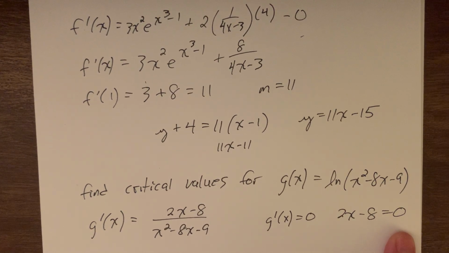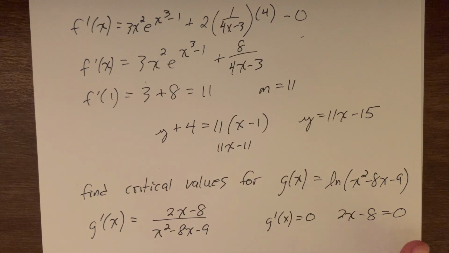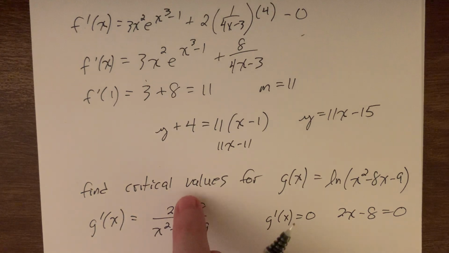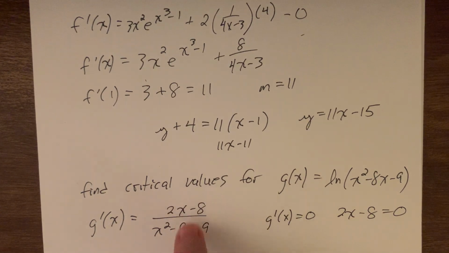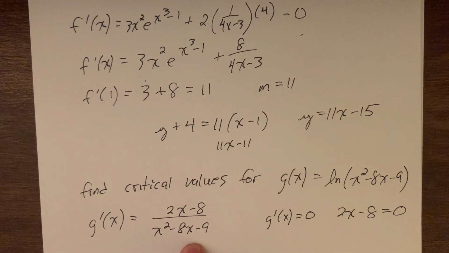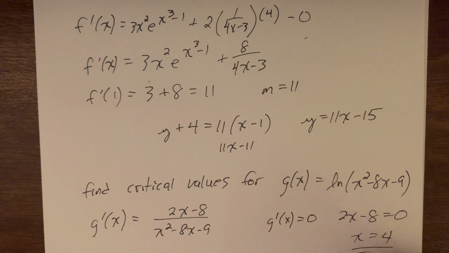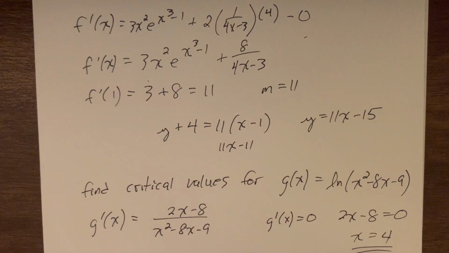If you have two fractions, you've got to combine them to make one fraction, get a common denominator, but only one fraction. So how is a fraction 0? Well, 0 over 10, 0 over 2, 0 over negative 3. As long as the top is 0, the whole fraction equals 0. So you only have to solve, and that'll give me my first critical value of 4.